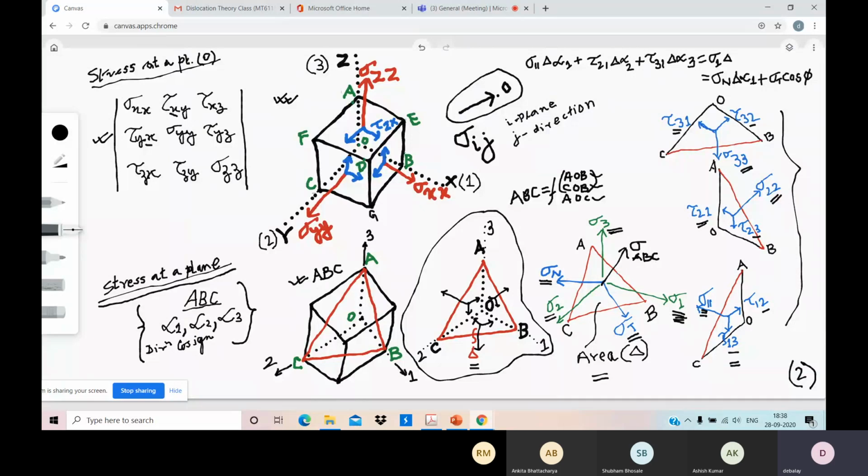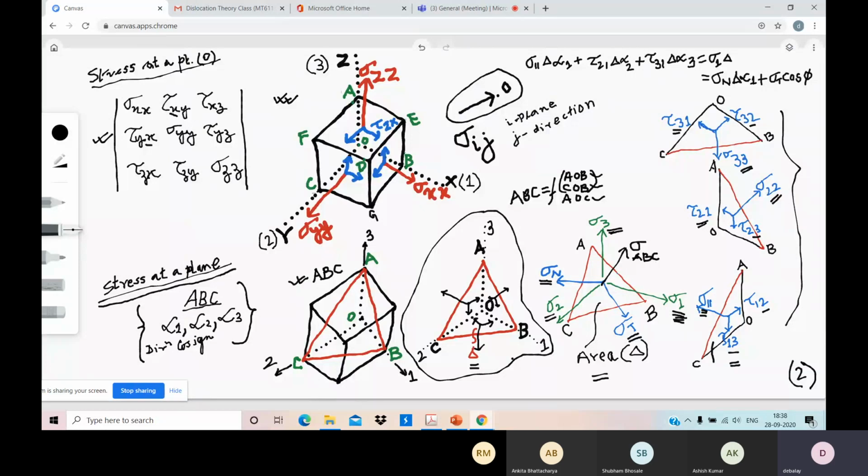To know that, what we need to know is the area of AOC. What is the net area of AOC?